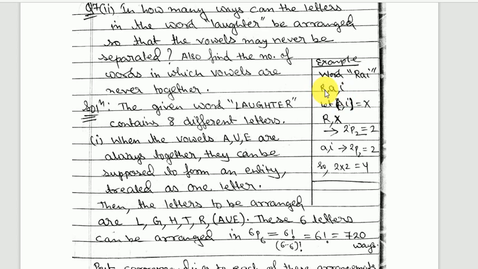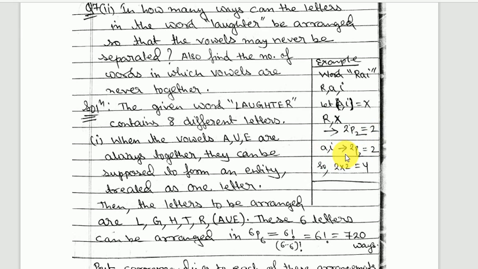So let A and I be X. So I'm considering all the vowels as a single letter X. Then I will have only 2 letters, R and X. So these 2 letters can be arranged in how many ways? We are taking 2 letters at a time, and so it will come 2P2, equal to 2.